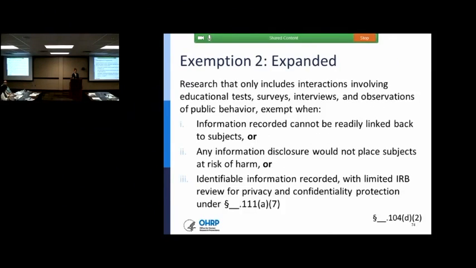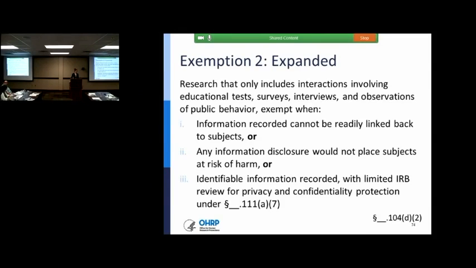Exemption 2 is research that only includes interactions involving educational tests, surveys, interviews, and observations of public behavior, which is similar. It's exempt when the information recorded cannot be readily linked back to the subjects, or any disclosure of this information would not place the subjects at risk of harm.